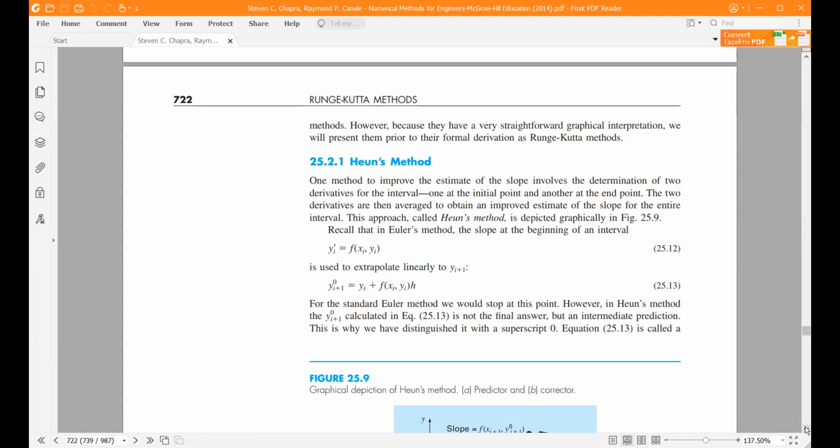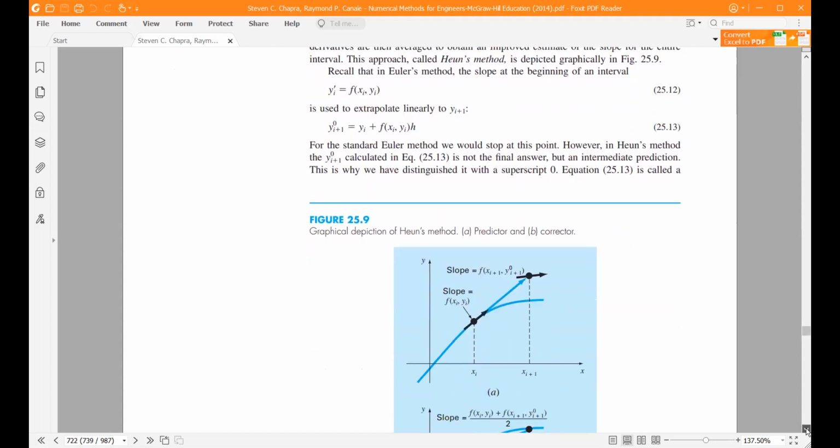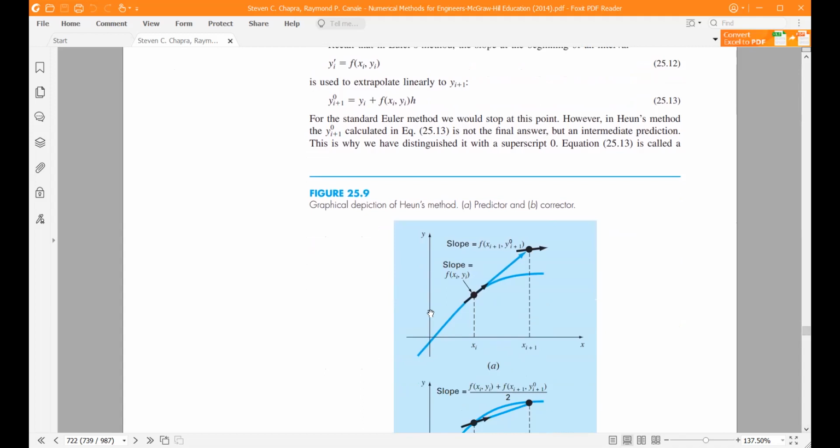If it were final, then it becomes the standard Euler method. But as it is not final, this value y_{i+1}^0 will be used to calculate the slope at the end point x_{i+1}. So this intermediate equation is called a predictor equation. Then you see that this whole process is described there. I hope if you engage properly, you will understand what is there in this figure.